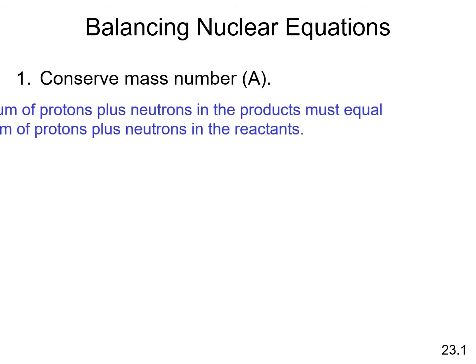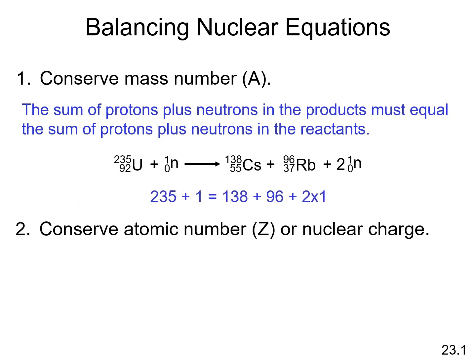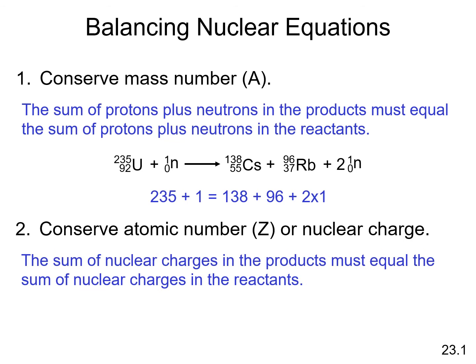So it's important to follow the rules in writing the nuclear reaction. First, when you balance the nuclear reaction, the mass number is conserved, meaning the sum of the protons plus neutrons in the products must equal the sum of protons plus neutrons in the reactants.